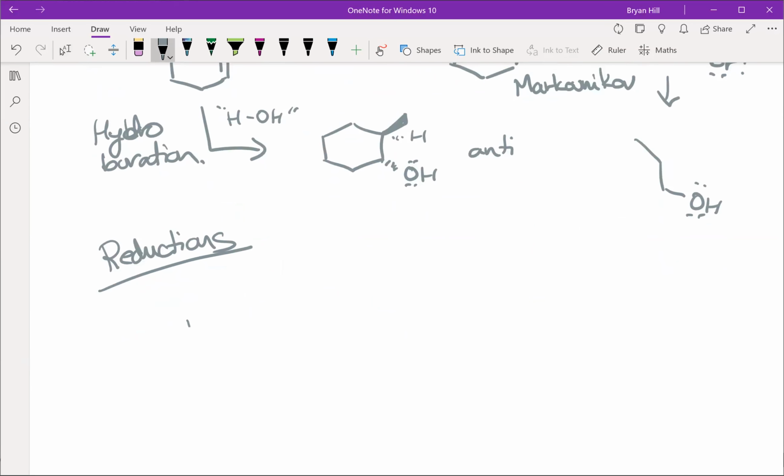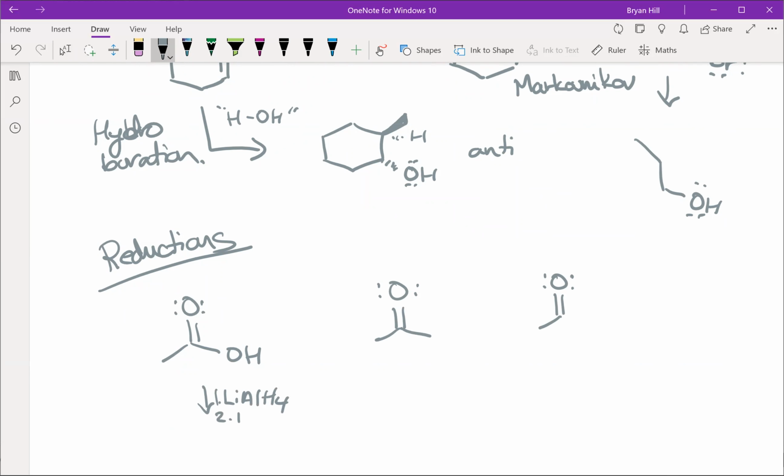It's basically exactly the opposite of an oxidation. So a carboxylic acid could be reduced with lithium aluminum hydride.